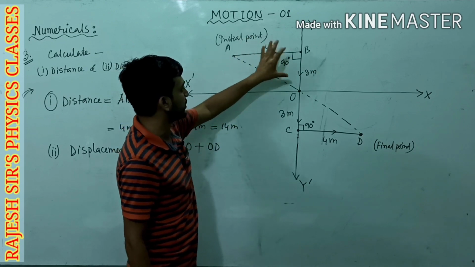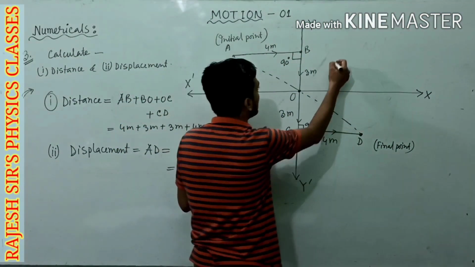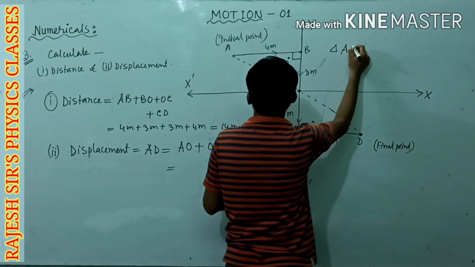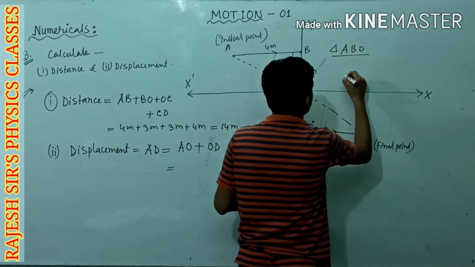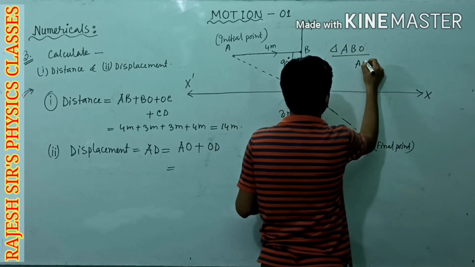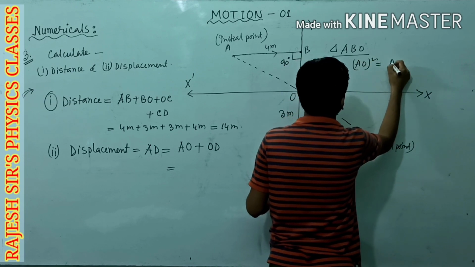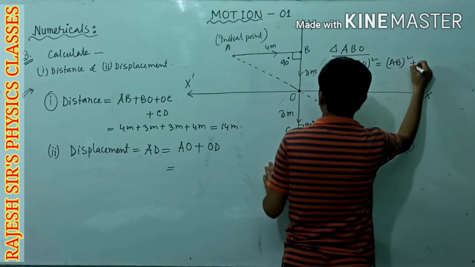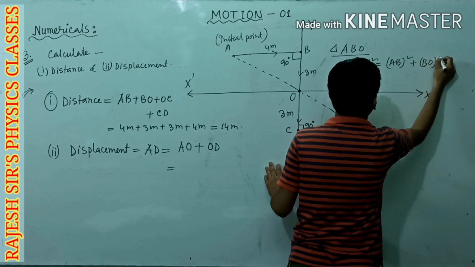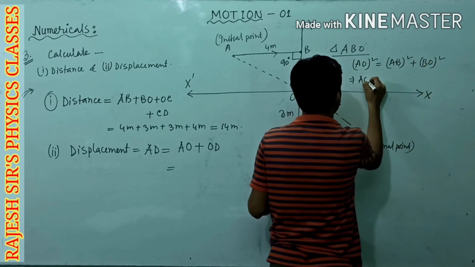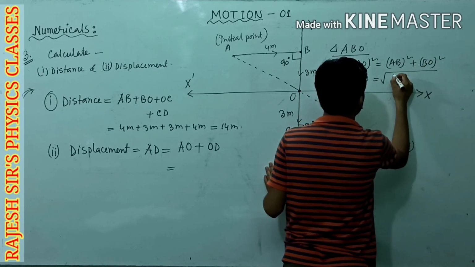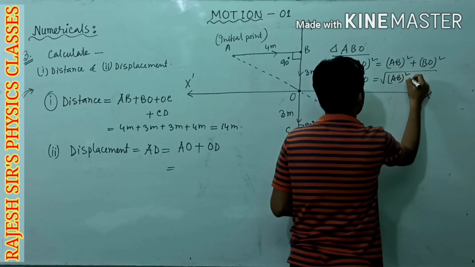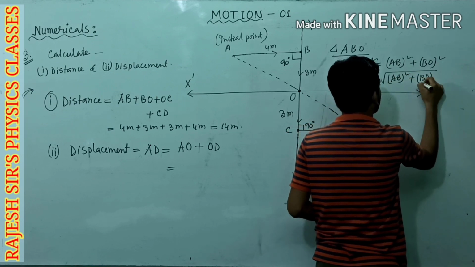Hypotenuse square equal to perpendicular square plus base square. I am writing here for triangle ABO. We can write AO square is equal to AB square plus BO square. So AO we are getting as square root of AB square plus BO square.